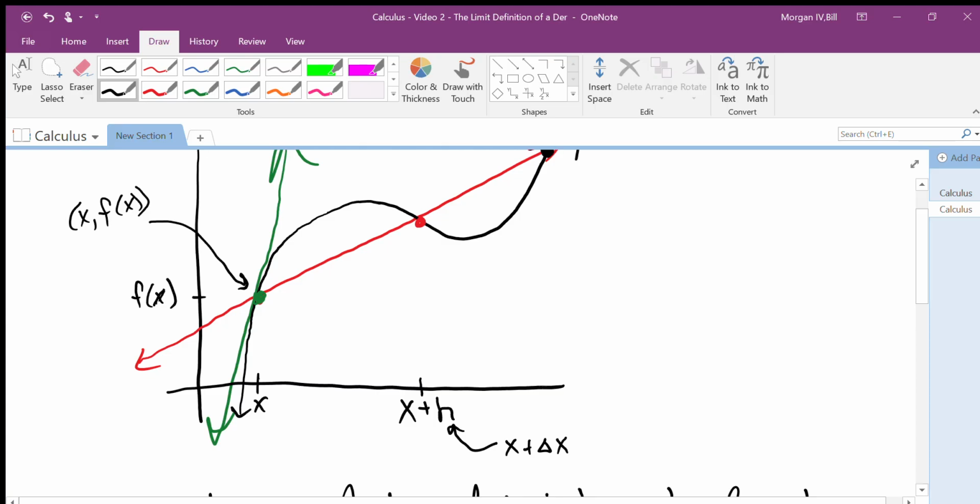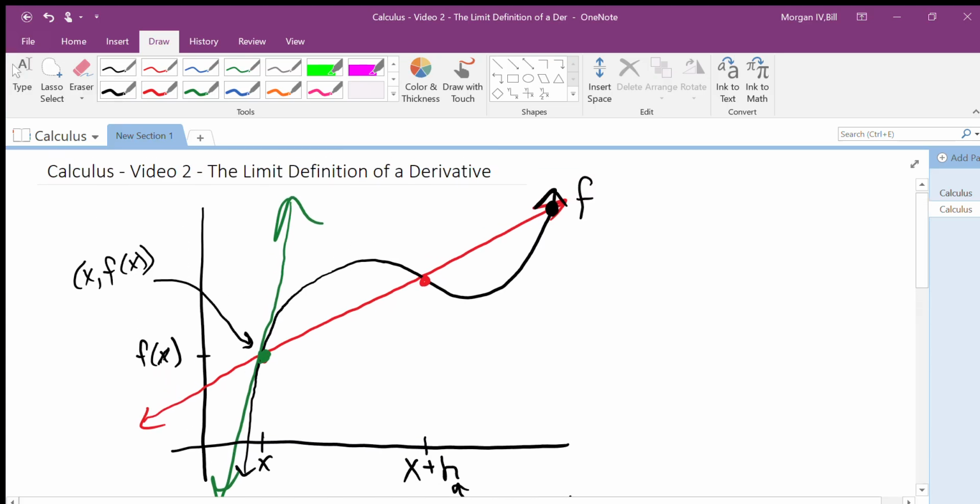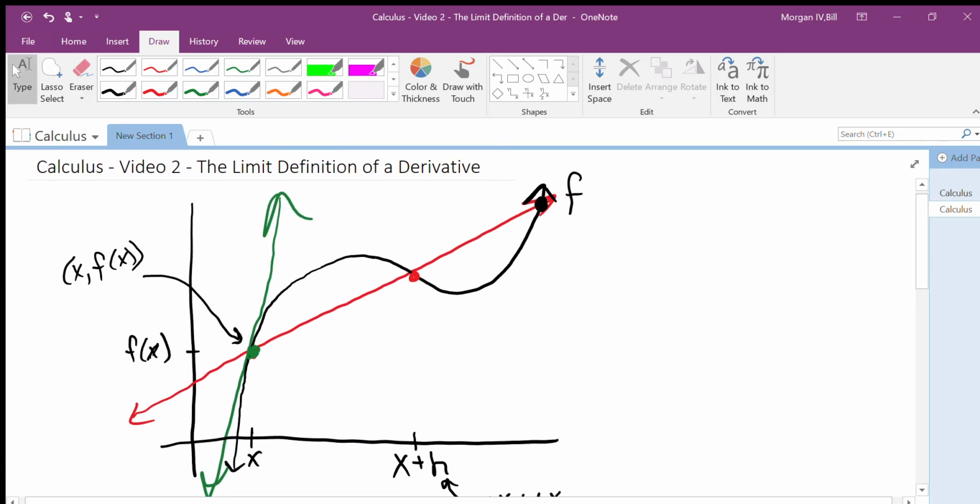Here I'm just going to use h instead of delta x, just for simplicity's sake. That makes the function value here f of x plus h. So this is the point x plus h, that's the x value, and that is at the function value f of x plus h.